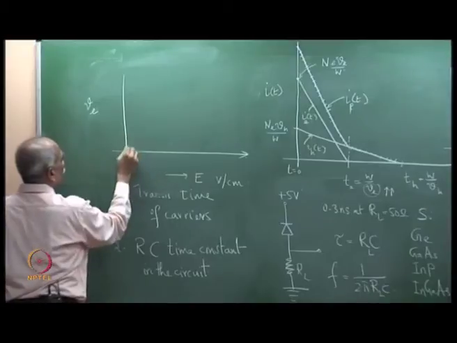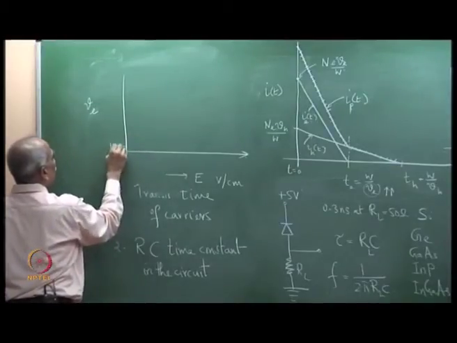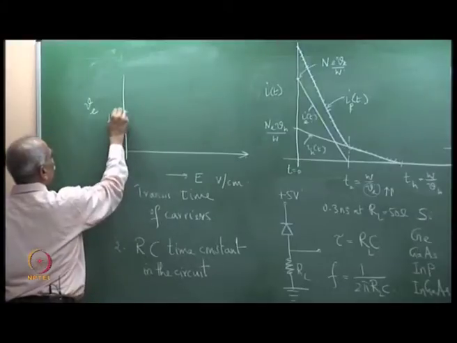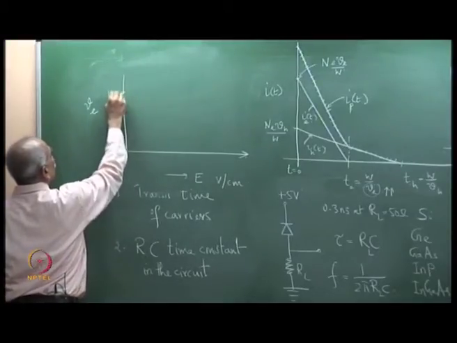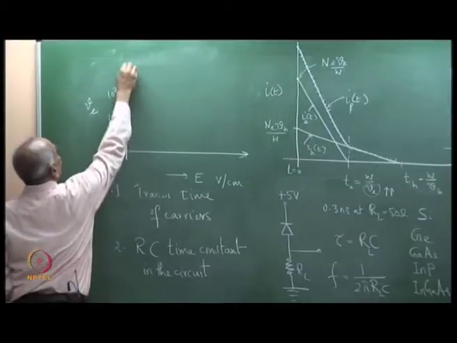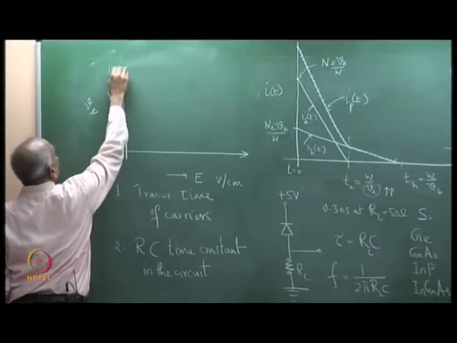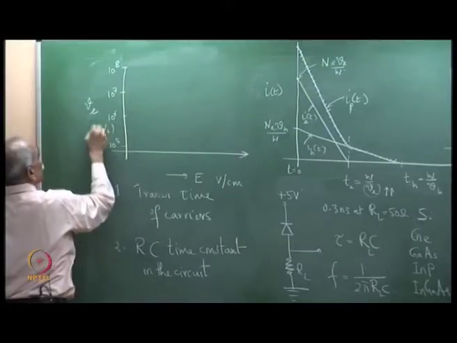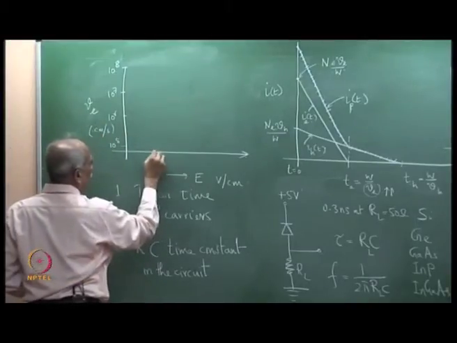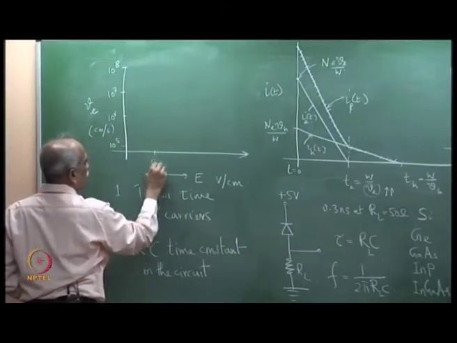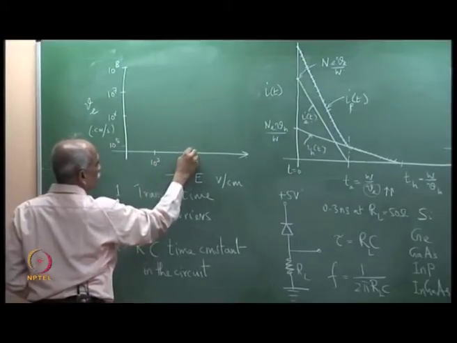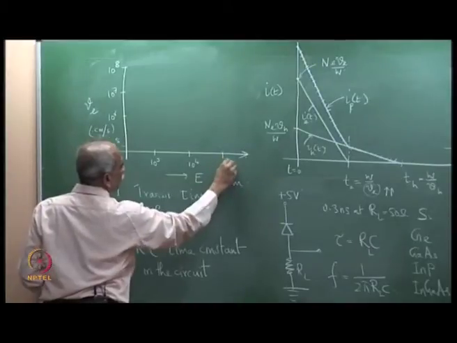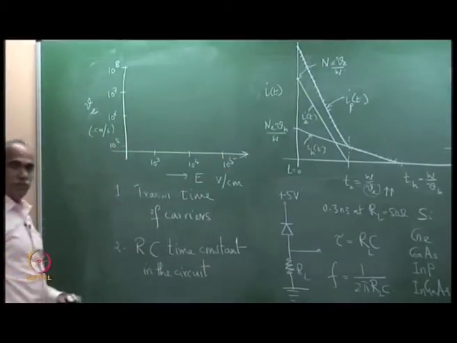Typically the velocities are, I will give some typical numbers, 10 power 5, 10 power 6, 10 power 7, 10 power 8, this is centimeters per second, and the field typical numbers are 10 power 3, 10 power 4 and 10 power 5 volt per centimeter.